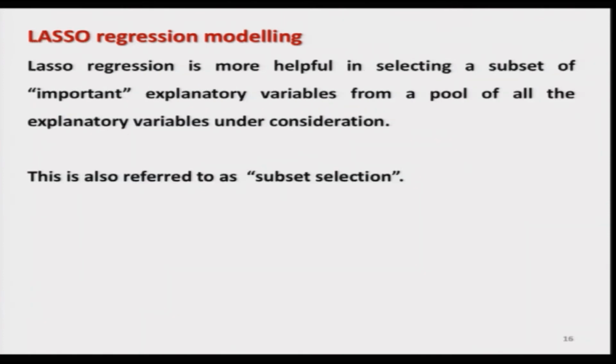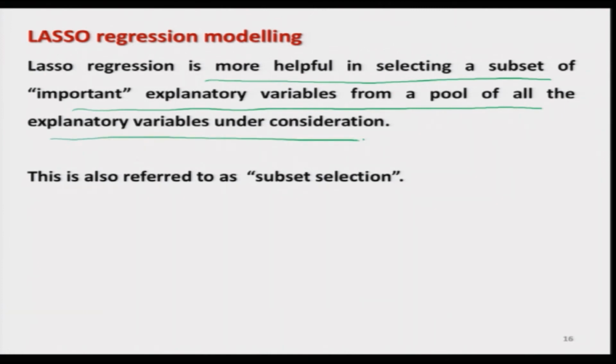Right. Now, this concept has been extended to LASSO regression modeling. How? LASSO regression is actually more helpful in selecting a subset of important explanatory variables from the pool of all the explanatory variables under consideration. So, this is also called subset selection. How will this help?